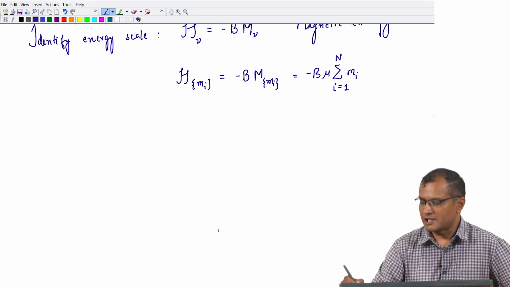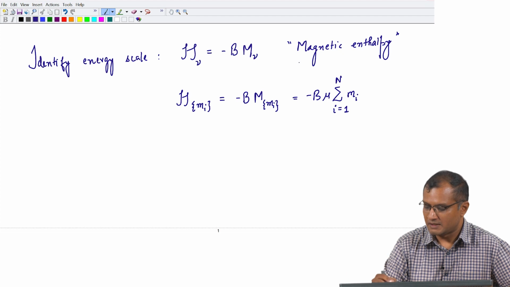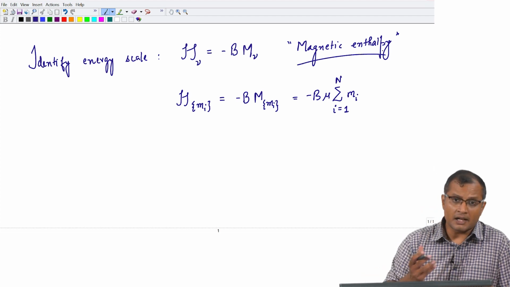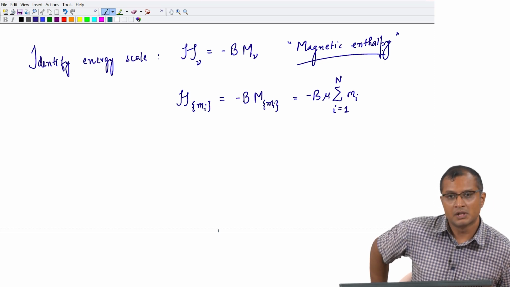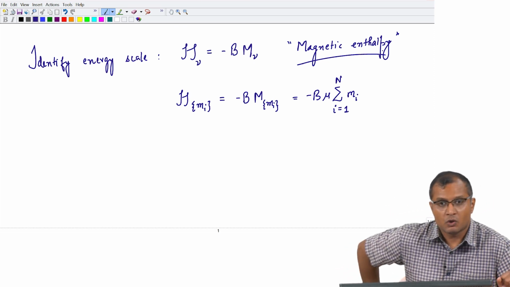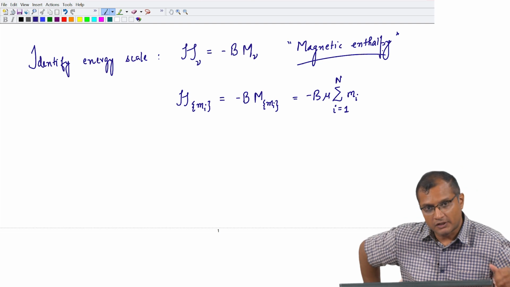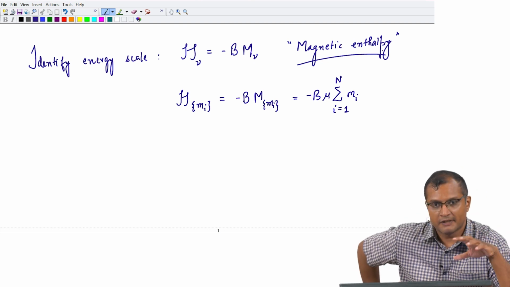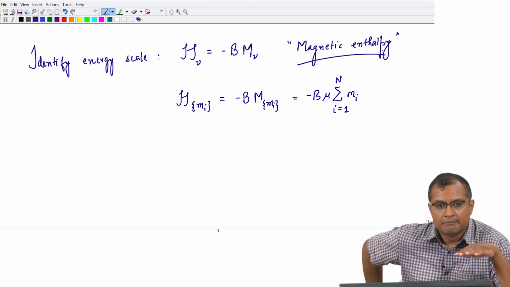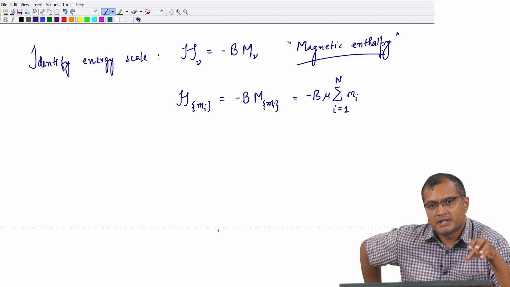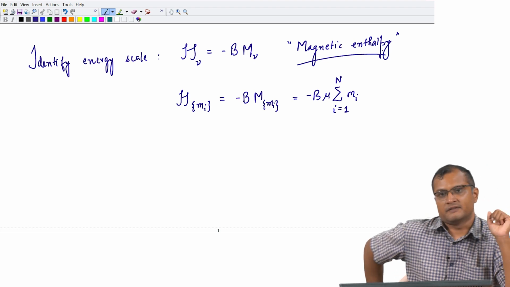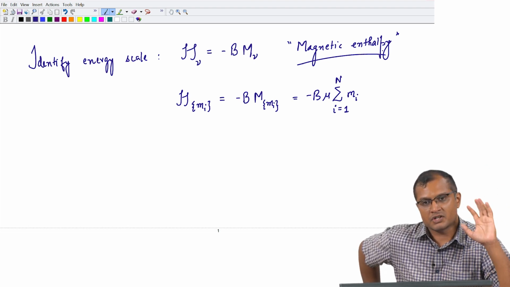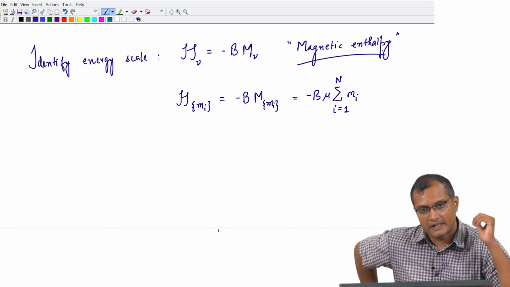Once the energy scale has been specified, in this case it is the magnetic enthalpy, I can ask meaningful questions. I can ask questions as to what would be the partition function of the system. The first important object that you construct on any physical system in statistical mechanics is the partition function, because once you have the partition function in your hand, you can do a lot of things.